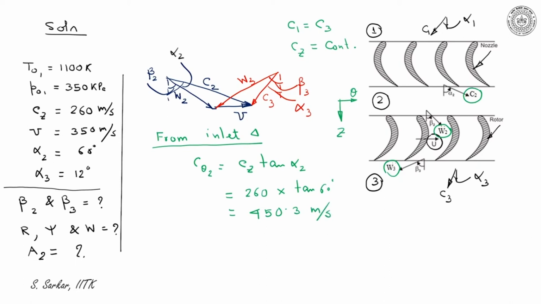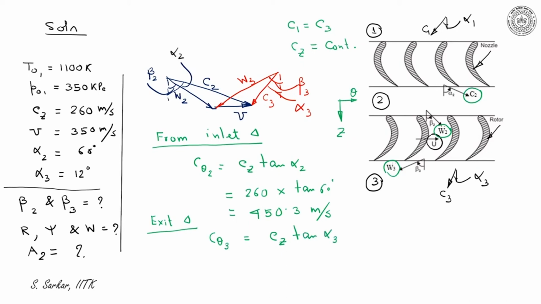Similarly, from the exit velocity triangle, what will I get? I'll get C theta 3 is equal to Cz into tan alpha 3.